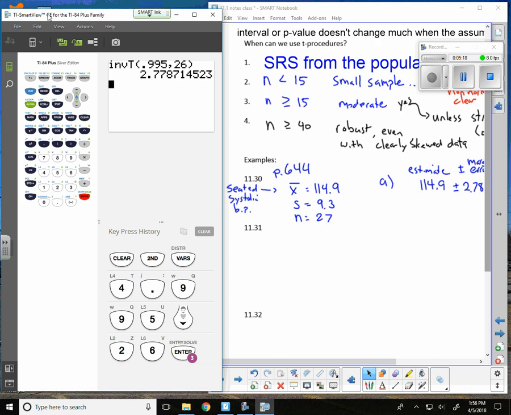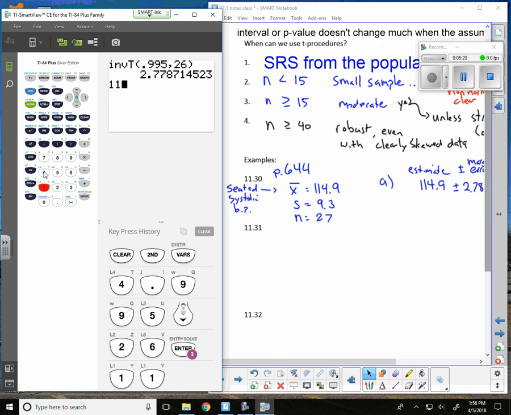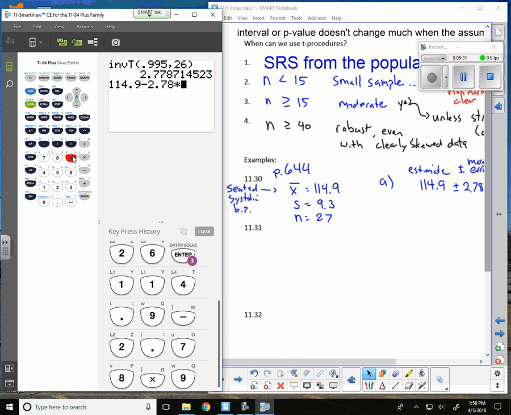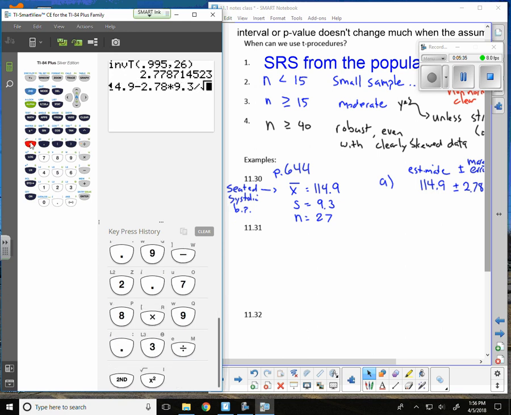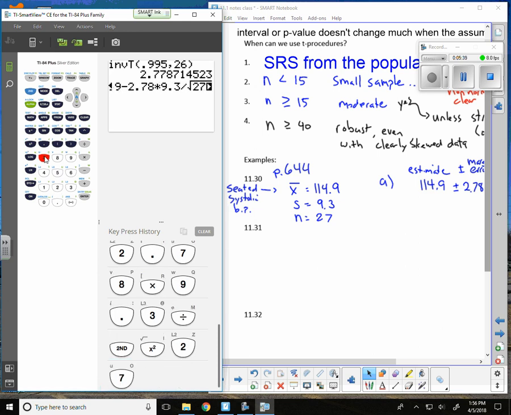So we will take 114.9, and first I'll subtract 2.78 times 9.3 divided by the square root of 27. 109.92.